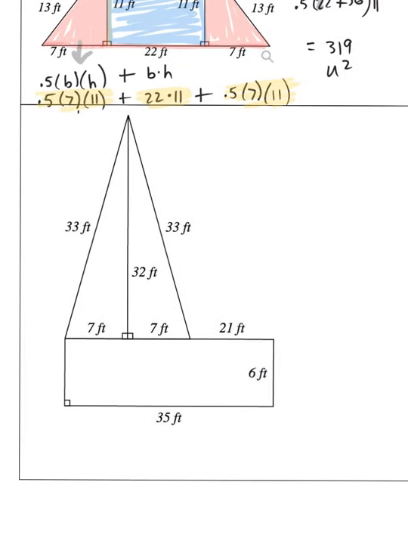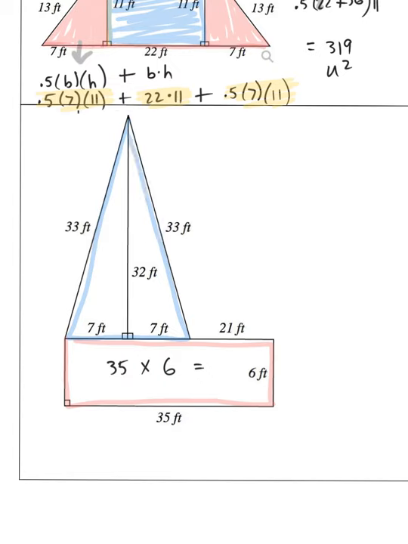All right, we're going to find the area of the bottom rectangle. We've got those dimensions. That is a 35 by 6. So we find that area, and then we are going to add it to the area of this triangle up here.